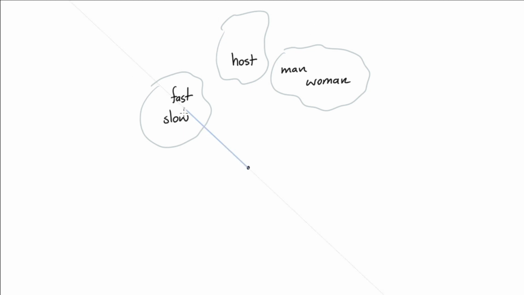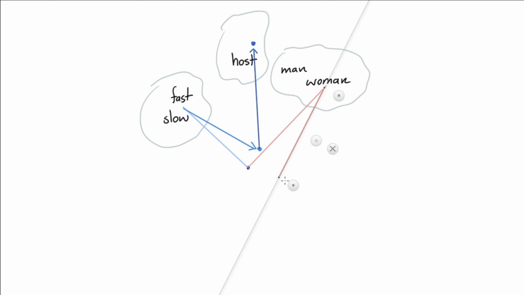Let's first add fast, and then subtract slow. And let's add that to host. I can do a similar thing with man-woman. Let's add woman, subtract man, and once again, let's add host.